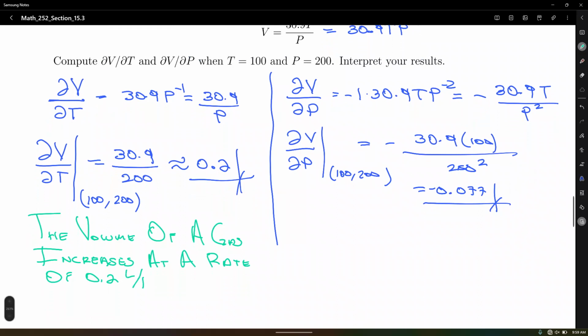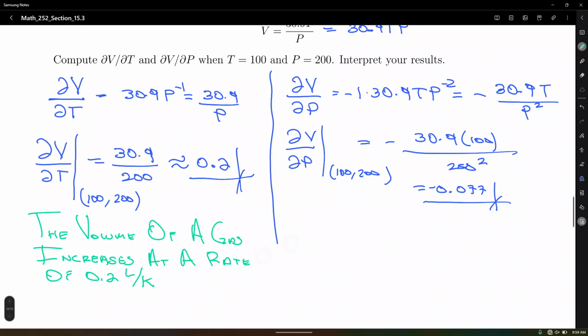0.2 liters per Kelvin. All right, liters per Kelvin, because look at the variables in the partial derivative: volume units per temperature unit, so liters per Kelvin.